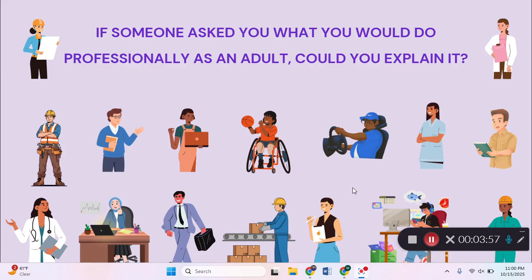So yes, you can add the graphics about the career itself, and the information, of course, needs to be there, but also make it unique to yourself, right? Whenever you're putting in the key pieces of information, you can talk about how it's going to impact you personally, or how your personal aspirations lead you towards choosing that specific career.